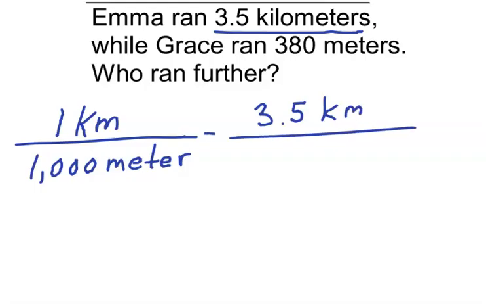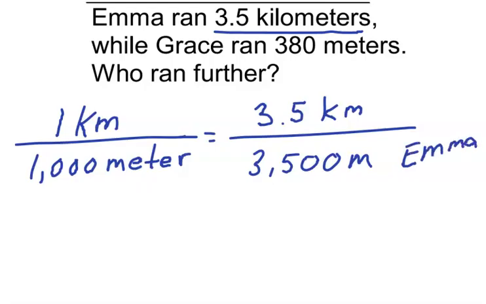So you're going to have to do 1,000 times 3.5, and that's going to give you 3,500 meters. Okay, so 3.5 kilometers is 3,500 meters, and that's how much Emma ran.